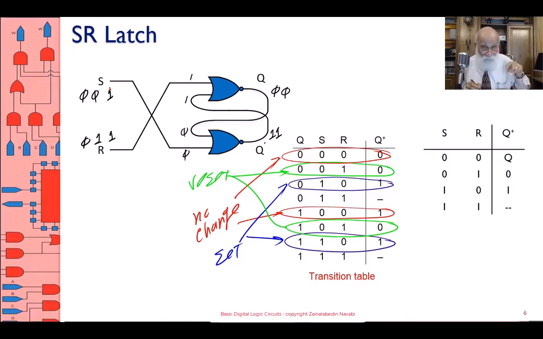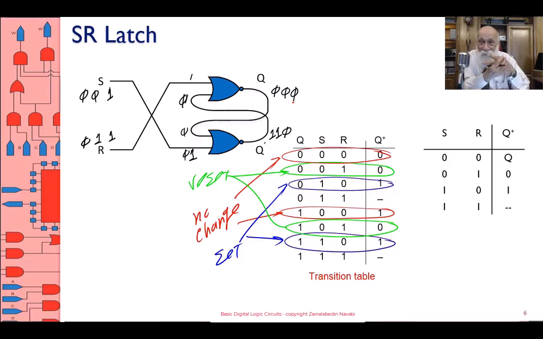The gate that just saw a change is the lower NOR gate, and therefore there is a 1 here. It sees a 0 on the upper input and a 1 on the lower input, so the output becomes 0. The 0 feeds back to the upper gate, which sees a 0 on the lower input and a 1 on the upper input, and therefore this becomes 0.